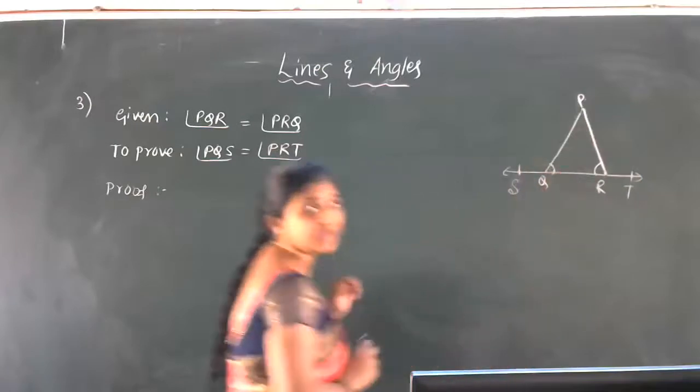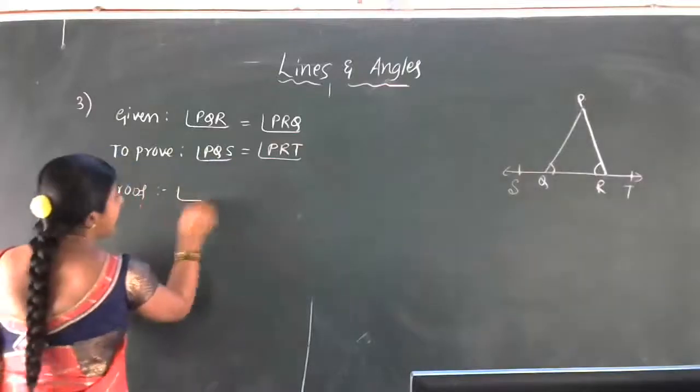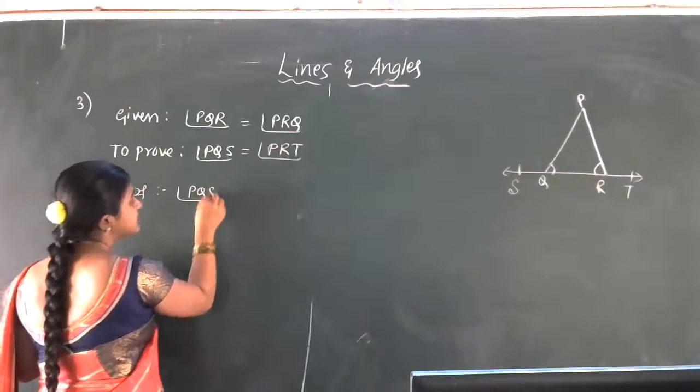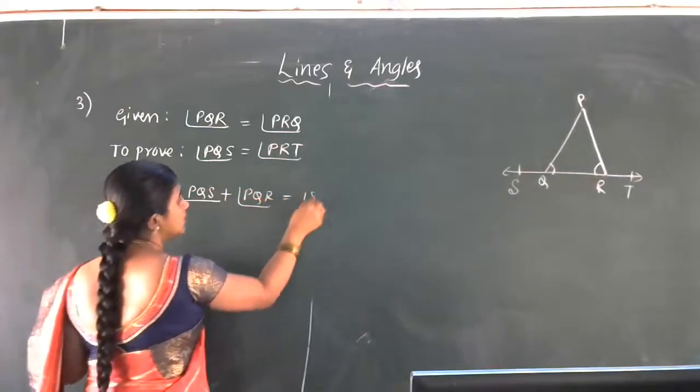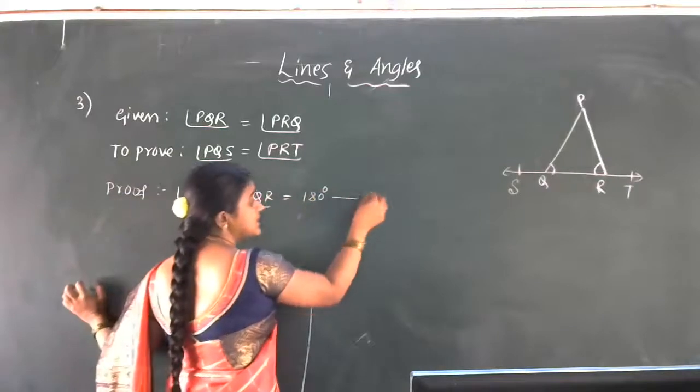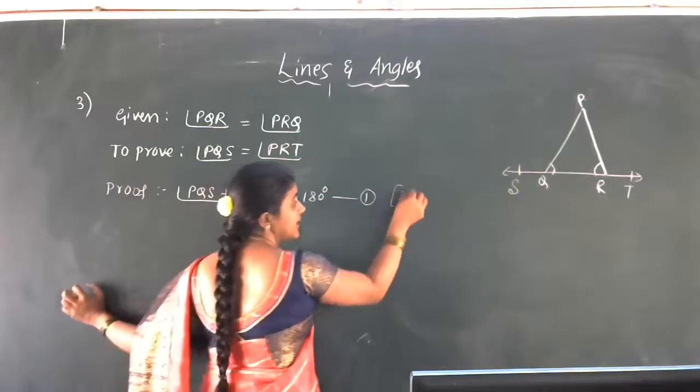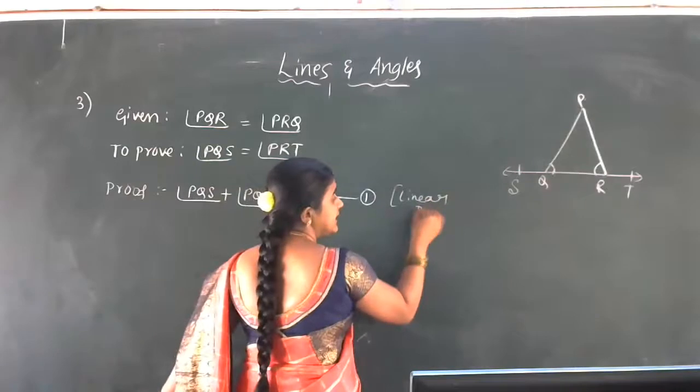So from that observation, angle PQS plus angle PQR is equal to 180 degrees. Call this equation number 1. The reason is linear pair.